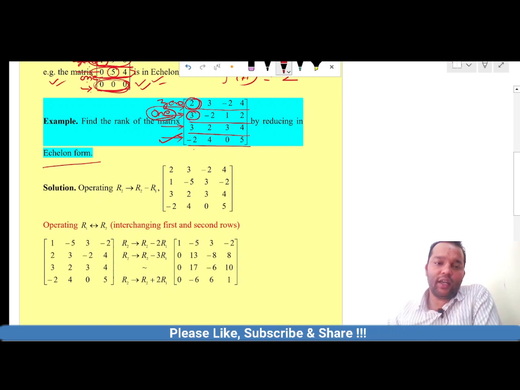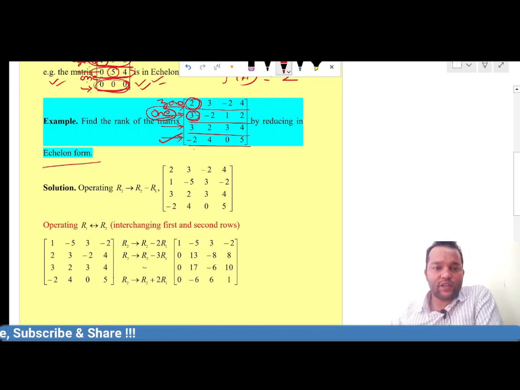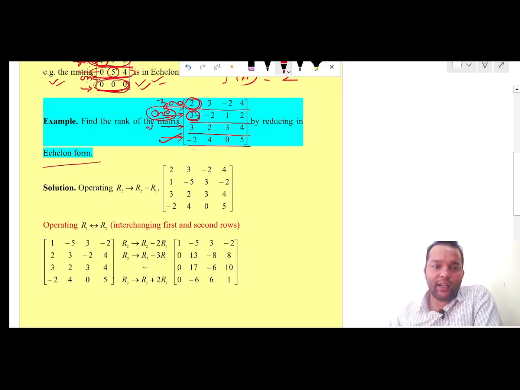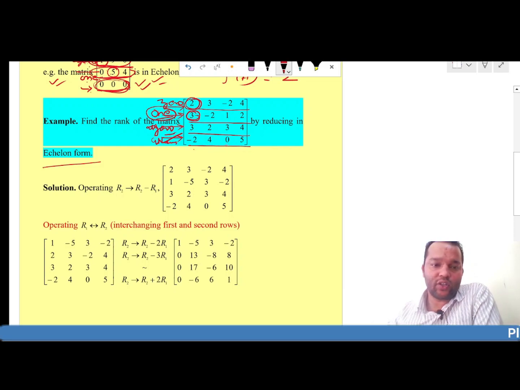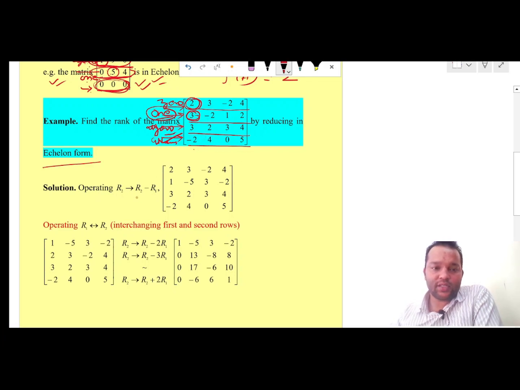So this entry is reduced to 0. If there is one 0 before the first non-zero entry, then in the next row, that is the third row, at least 2 zeros are required before the first non-zero entry, and in the last row at least 3 zeros are required before the first non-zero entry. So in order to convert this matrix into echelon form, the following operations are adopted.